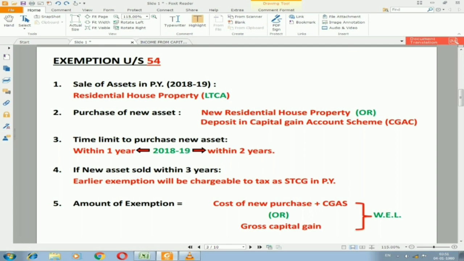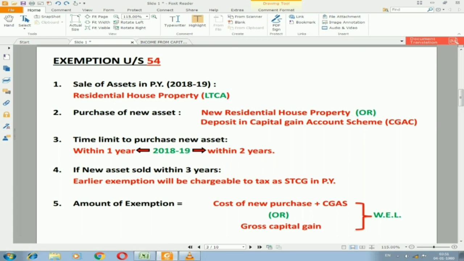It should be a residential house property, and also it should be a long-term capital asset. That is the first condition.